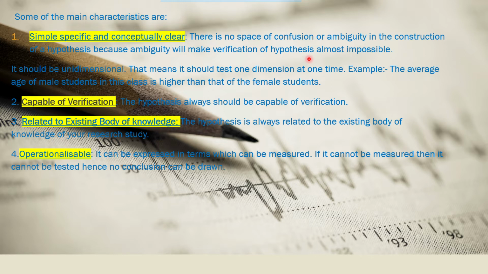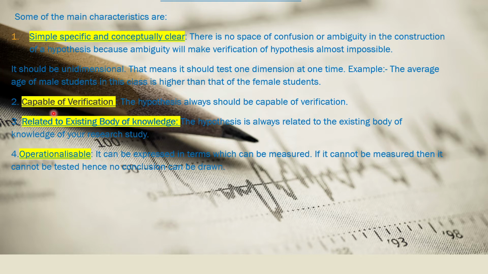So open ended किसी भी hypothesis को नहीं रखा जा सकता. It should be unidimensional. That means it should test one dimension at one time. For example, the average age of male students in the class is higher than that of female students.